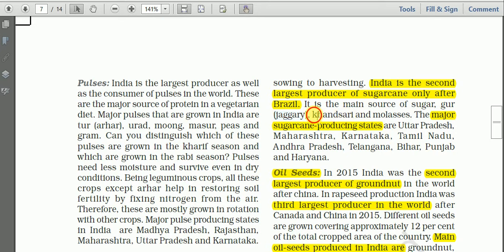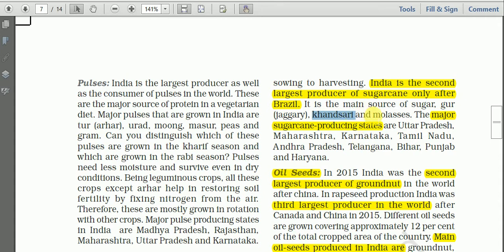Then khansari. Khansari looks like white sugar, grains of white sugar, but this is not a refined one. It contains lots of minerals, and it is not bleached, and it is not chemically treated. So that is called khansari, and it looks like white sugar.